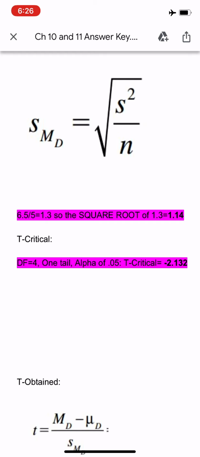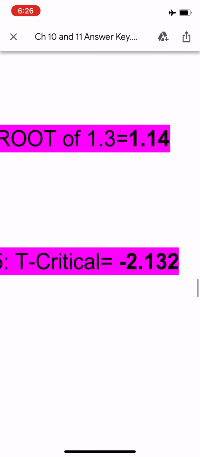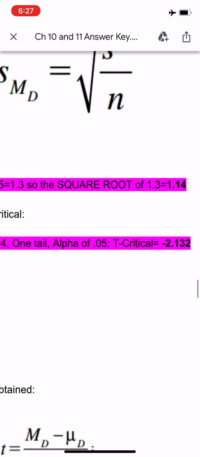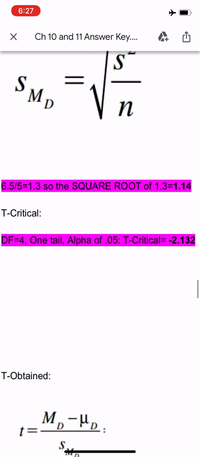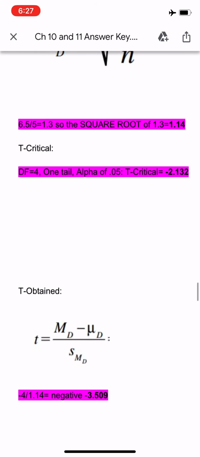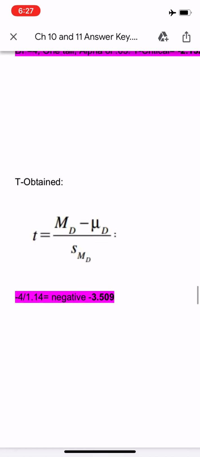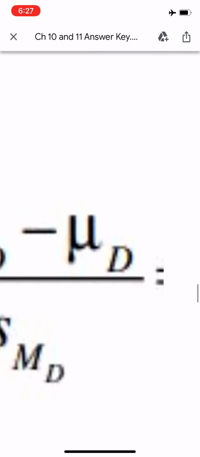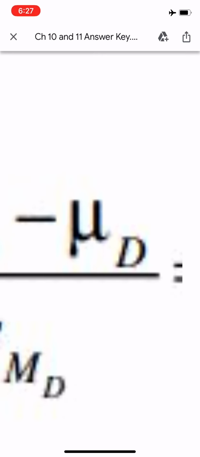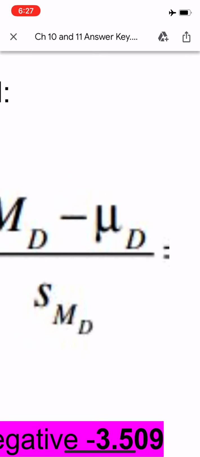But in this case, it's going to be a negative 2.132 because we are looking to see a significant change in the slower direction, which is in the left side of the distribution, which is why this critical value is a negative. T obtained. Again, the population mean difference, hypothetically under the null hypothesis, is always 0.